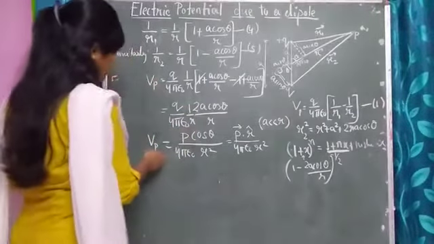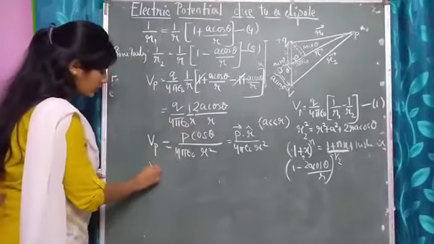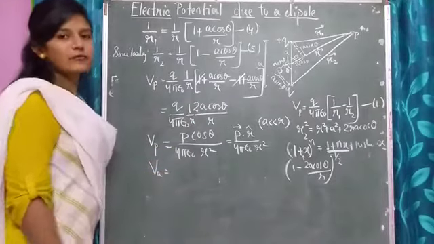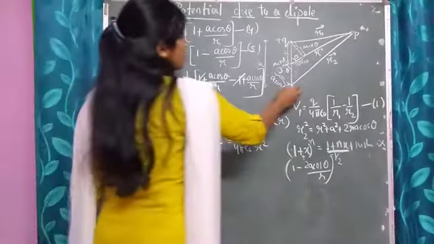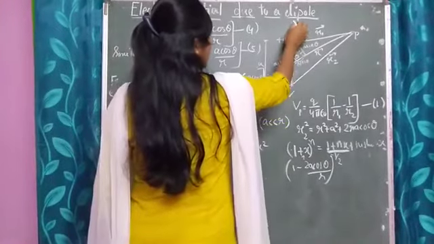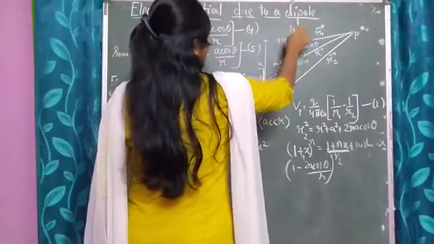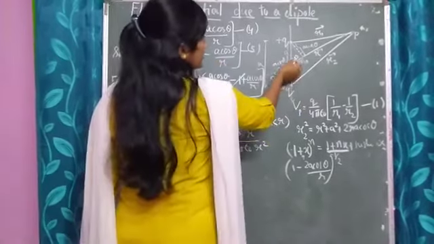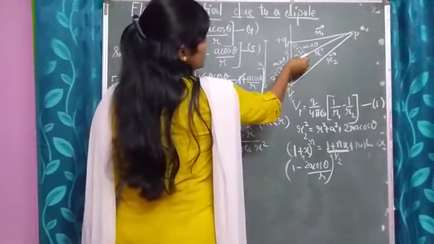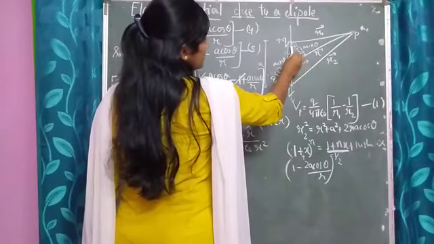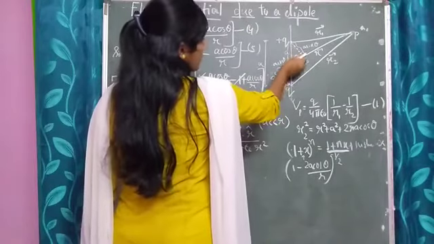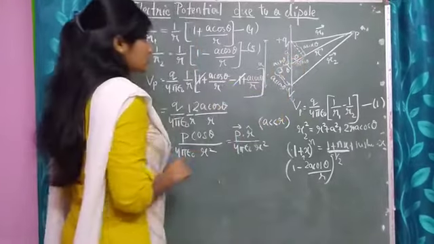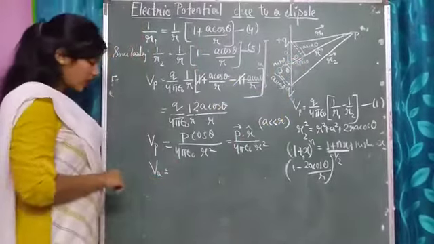And if you want to find the potential at an axial point, the axis will be along this direction or along this direction. So this theta value becomes 0 or 180.